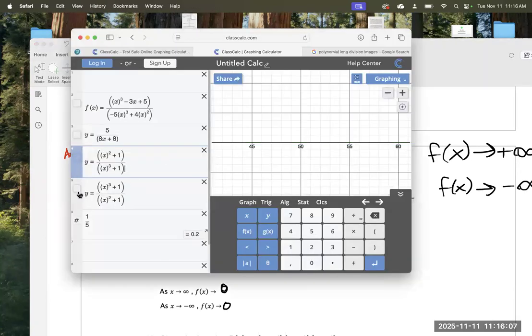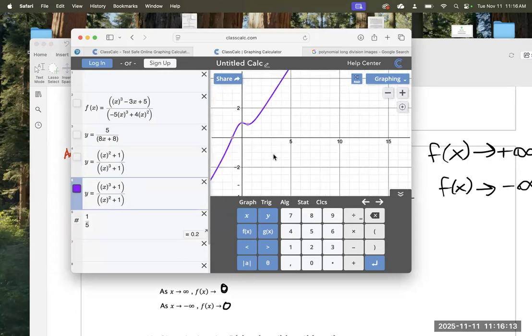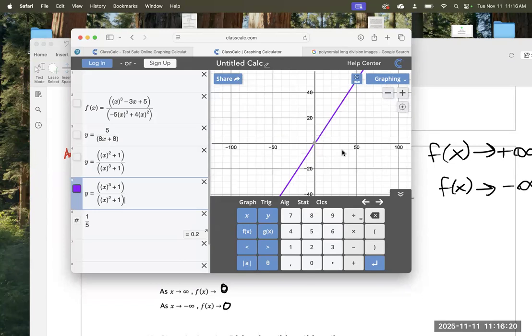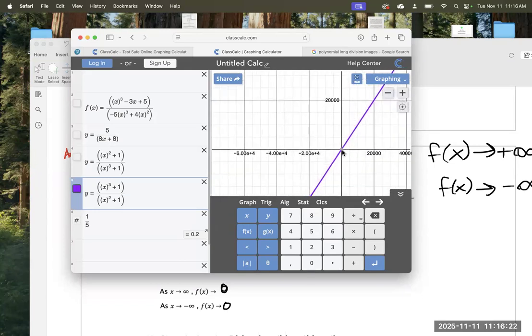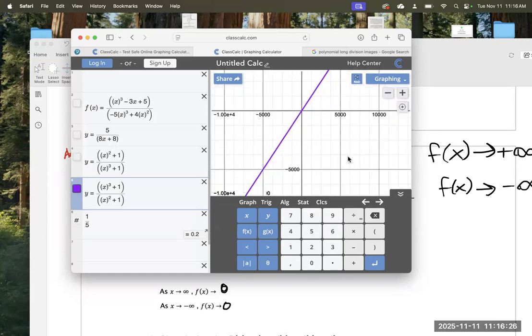So now this graph is going to be in purple. This one's hard. It kind of looks like a straight line, and as I zoom out further, it looks even more like just a straight line.